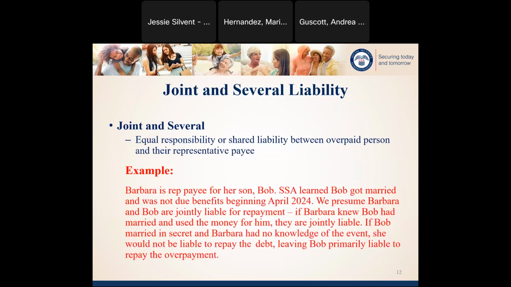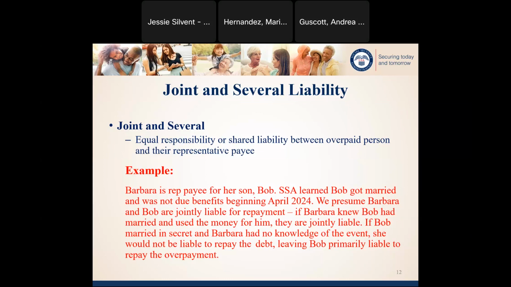So the third example we have is for joint and several. So there's Barbara. She's the representative payee for her son, Bob. And SSA learned that Bob got married and was not due benefits beginning April of 2024. We presume Barbara and Bob are jointly liable for repayment. If Barbara knew Bob had married and used the money for him, then they are jointly liable.